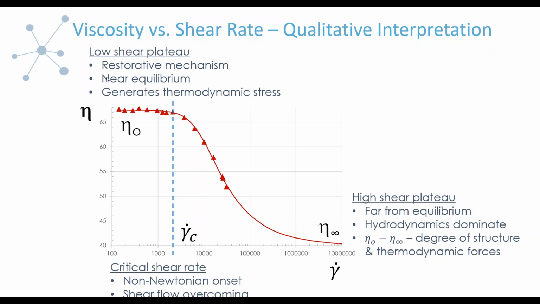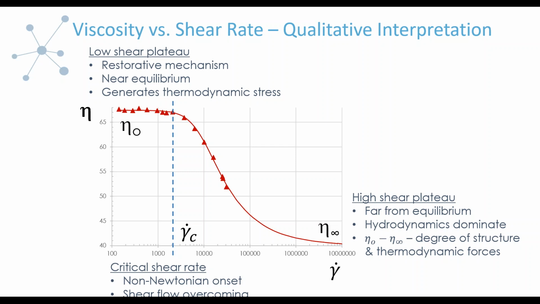So let's start down here with, qualitatively, why do we even see the existence of a low or zero shear plateau? When I present this, I'm going to present it in the specific context of proteins, interpreting proteins as being analogous to a colloidal system. We'll talk a little more about that in a moment.